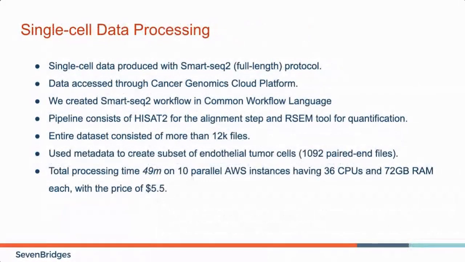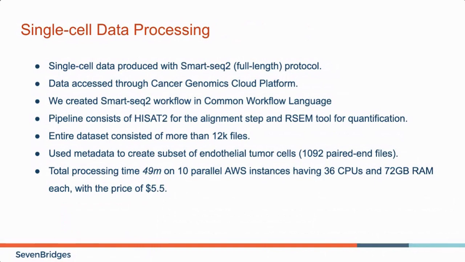So the authors used SmartSeq2 full-length protocol to produce raw sequencing reads. Reads in FASTQ format are available on data portal of Human Cell Atlas, which we recently made available on Cancer Genomics Cloud platform.